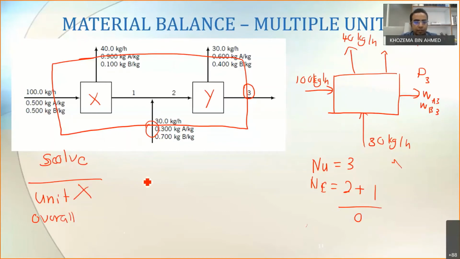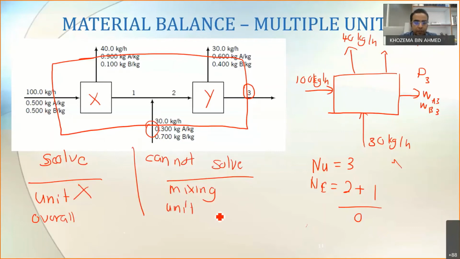That is the only thing I can solve. I cannot solve my mixing and my unit Y. Meaning here that unless I solve either unit X or overall, only then can I solve my unit Y or mixing.